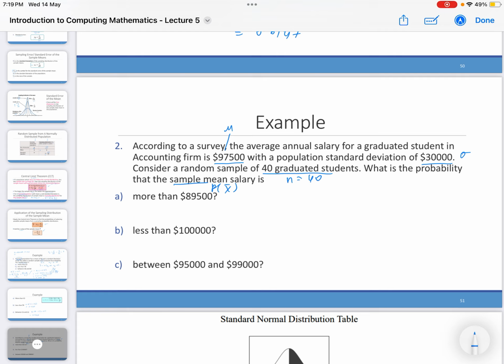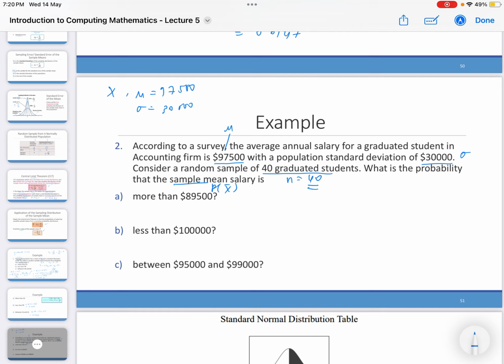is in parts A, B, C? We don't know whether x is normally distributed, but we do know that the mean mu is 97,500 and the standard deviation is 30,000. We take a sample of 40 students, n equals 40.